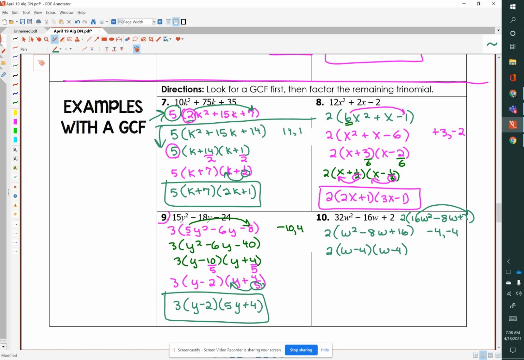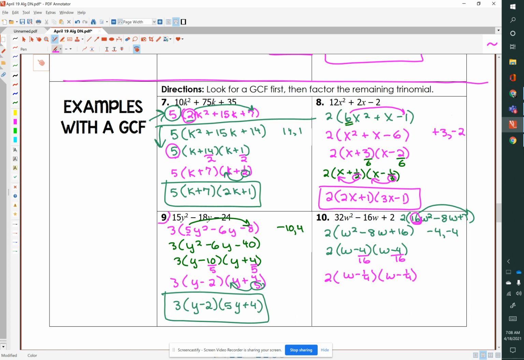So let's divide both of those numbers by our leading coefficient. Remember, our leading coefficient is the 16. So we're going to divide these by 16 and rewrite. We'll reduce the fractions, so that would be w minus 1/4, w minus 1/4.